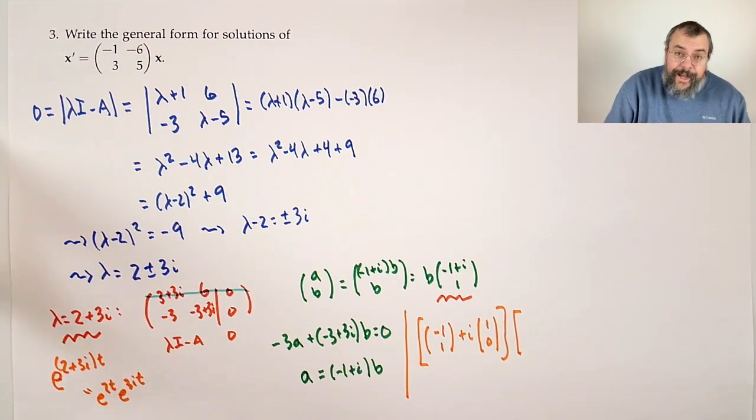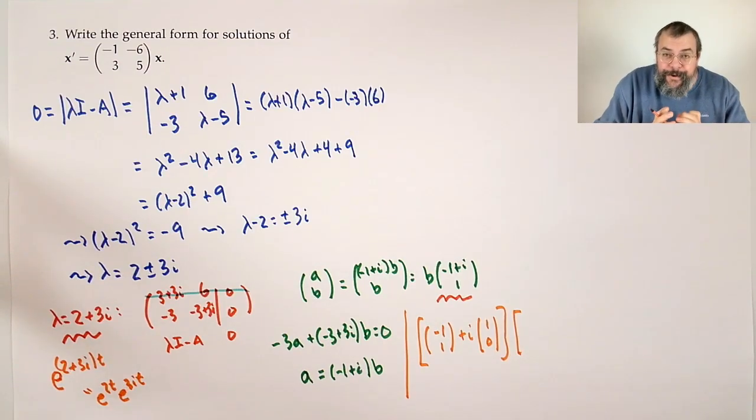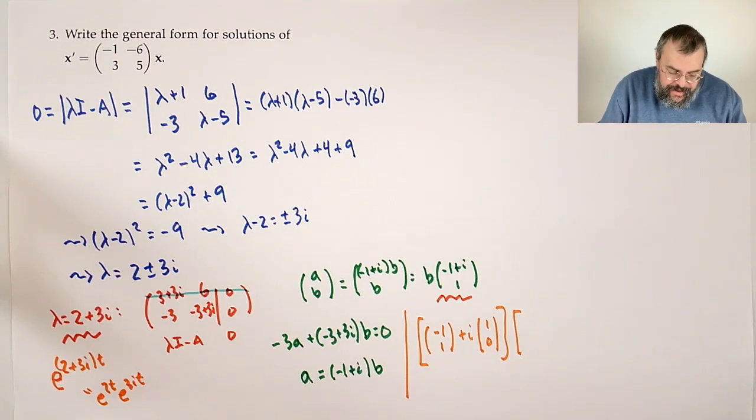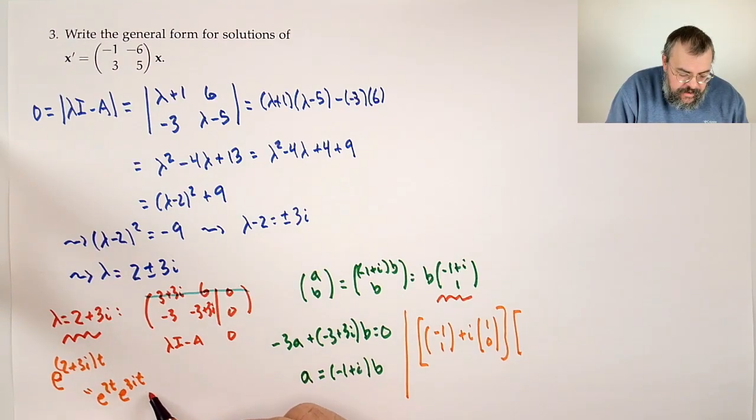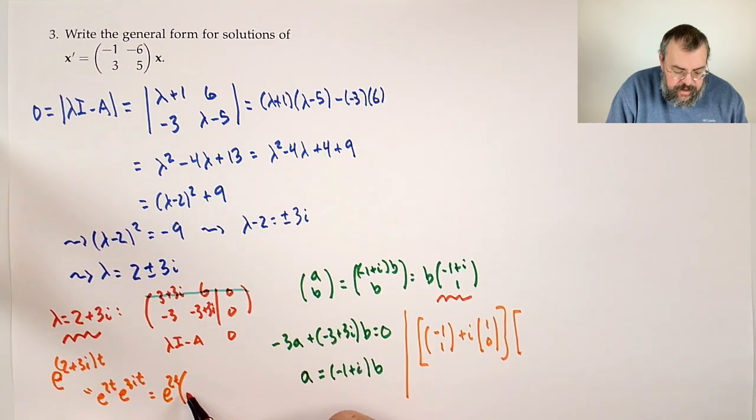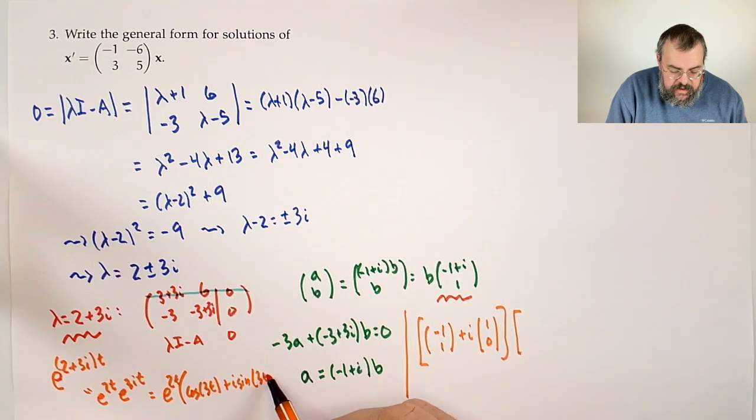And now that's when we pull out de Moivre's formula and say, e to the 3it is really cosine 3t plus i sine 3t.